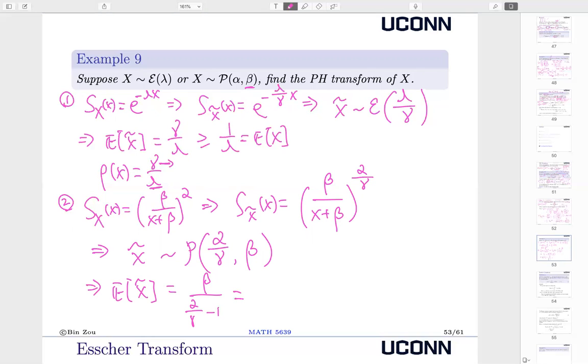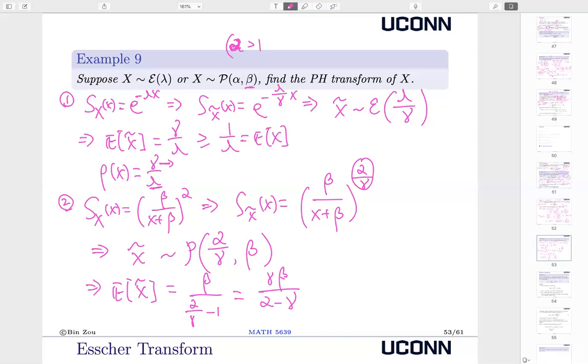So I can get gamma beta divided by alpha minus gamma. Here I do need to impose some condition because I want this to be well defined, meaning my first parameter here should be greater than 1.